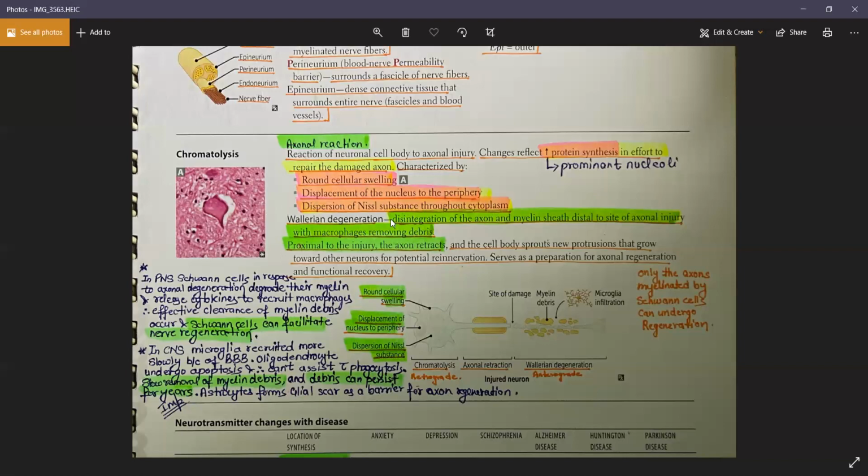Because in order to regenerate my neuron, all of this damaged material must be removed, so that a growth cone can form. As you can see, this growth cone can form and it will join the distal part of the axon. So basically, the disintegration of the axon and the myelin sheath distal to the site of axonal injury, with macrophages removing the debris.